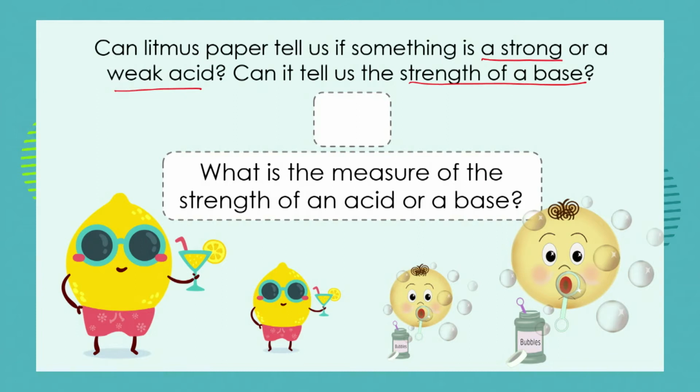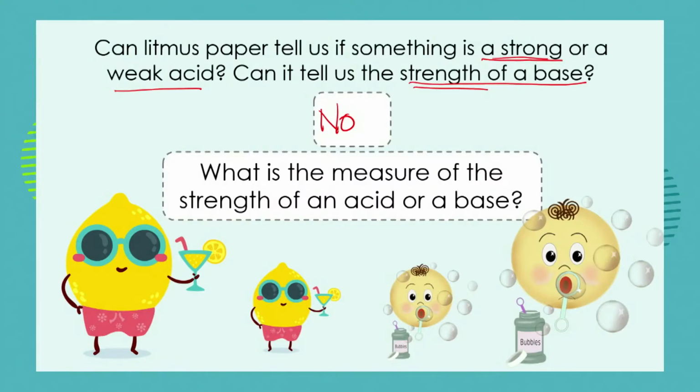But other basic substances such as bleach and hypochlorite are very unsafe to taste and touch. Could litmus paper tell us how strong the base is or how strong the acid is? The answer is no. The litmus can only tell us, yes, this is a base, yes, this is an acid. That's all it can tell us.